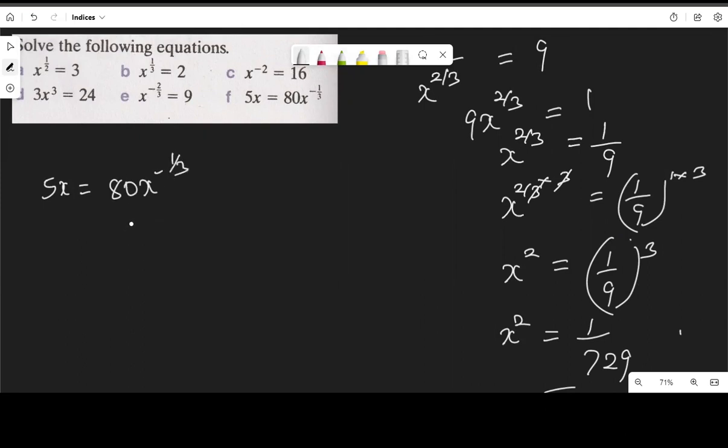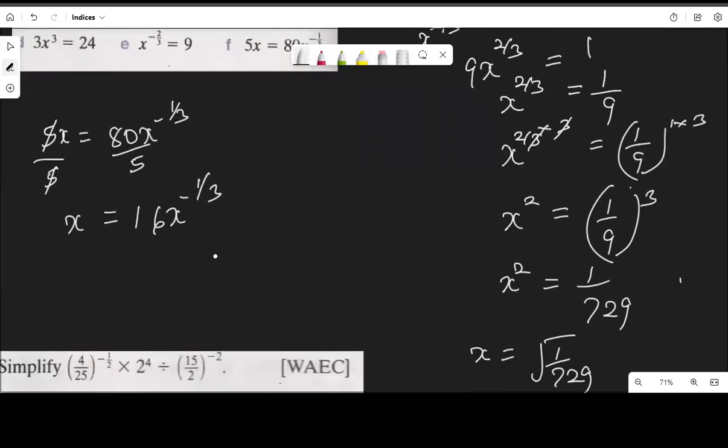Let me start by dividing both sides by 5. So this 5 will be gone. s will be 80 divided by 5, which is 16 to the power of 1 over 3. Expressing this negative index here as a positive index, I will have 16 over s to the power of 1 over 3.